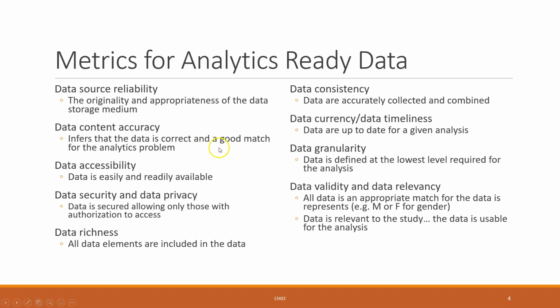So 8 a.m. may not be the most accurate measure of the hottest time of day where a temperature reading is taken. So this is where that data may be reliable for what it is, but it may not be accurate for the kind of analysis that we're going to be doing.